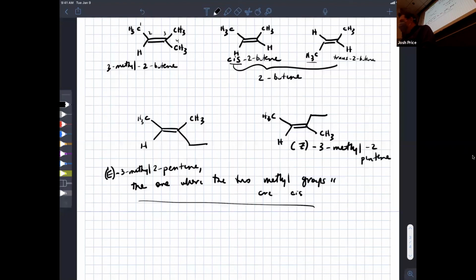Don't care about where the dashes are or where they aren't. How do we assign that designation? There is a list of rules, and I want you, before next class, to learn those rules, get good at them, figure out and encounter a few misconceptions and some challenges, and then we'll work some problems next time. Because of all the things in the nomenclature, this is probably the most important.